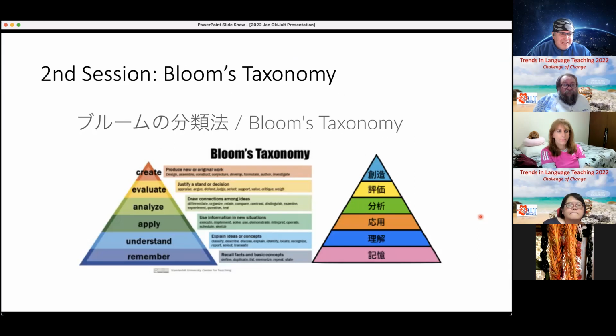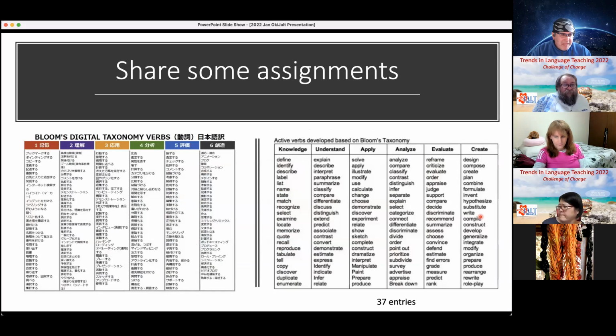Session 2, I introduced Bloom's taxonomy, which is different levels of knowing, with the lowest level being remembering, and then moving on up to creation. And I also provided a list of action or active verbs. These are the kinds of skills that display these different levels of knowledge.